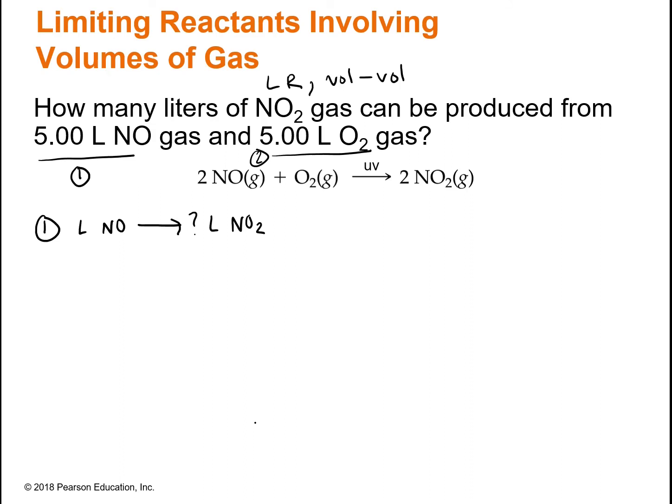Let's take those 5 liters of nitrogen monoxide gas and figure out how much nitrogen dioxide gas we'd make. All we need to do is figure out the volume ratio, which is the same as the mole ratio, only instead of moles, it's liters.